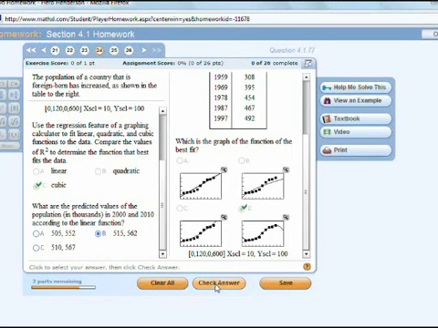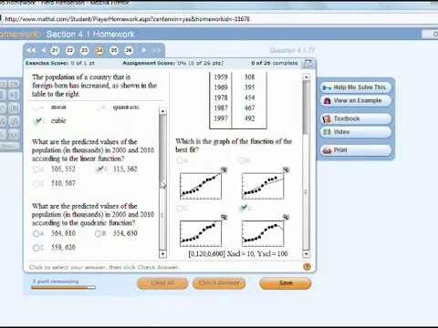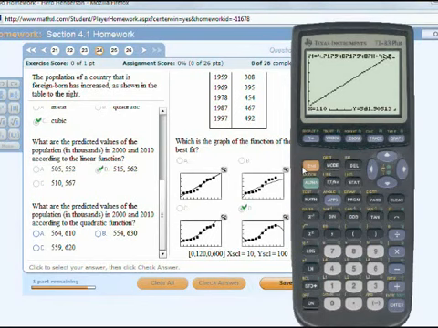What are the predicted values of the population size in 2000 according to the quadratic function? Excuse me. So let's go back to our calculator. I'm going to have to reload the quadratic function into y equals. Getting there. We're almost done. So let's go and stat, calc.